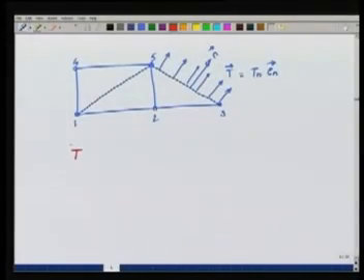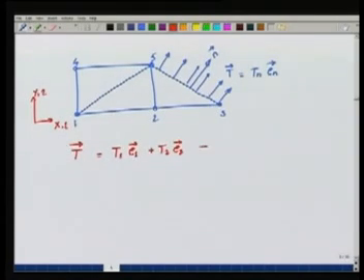We know that our traction vector, what we had written is T is equal to T1 E1, where this is my x and y direction, or this is my 1 and 2 direction, plus T2 E2.